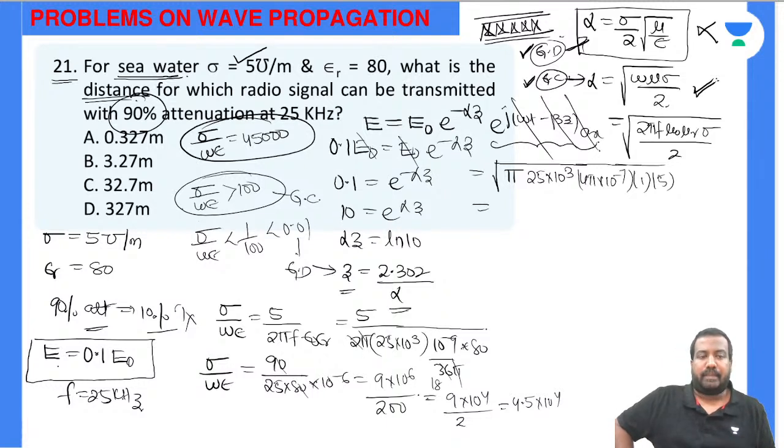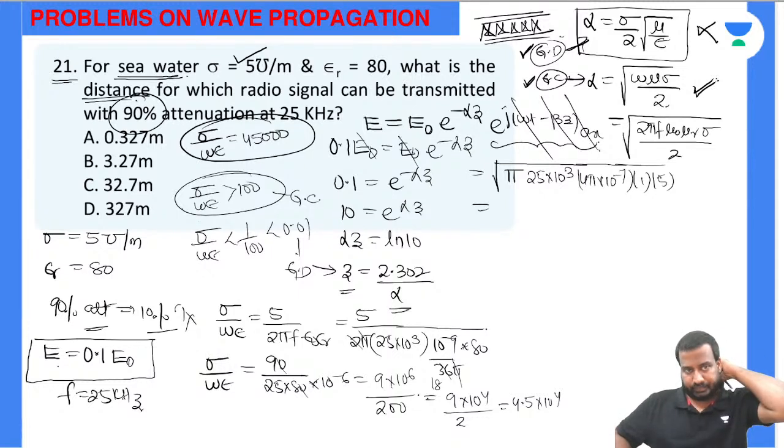Find the alpha value and tell me, dear. How much is the alpha value?